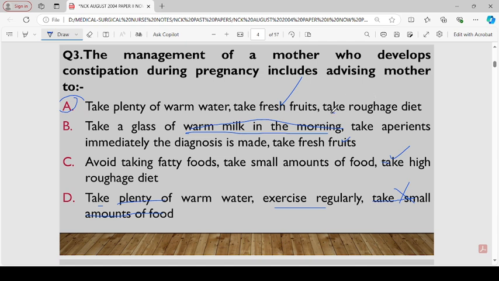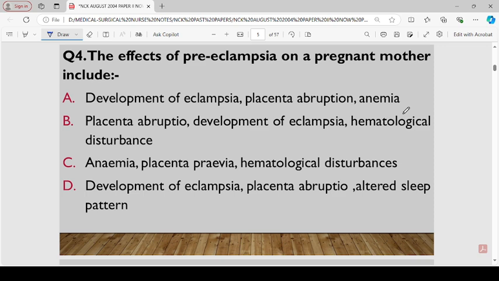And lastly, taking a roughage diet, which is a fiber-rich diet, normally adds bulk to the stool and makes it easier to pass. Remember, when you are trying to manage constipation, you need to focus on a fiber diet and encouraging hydration.